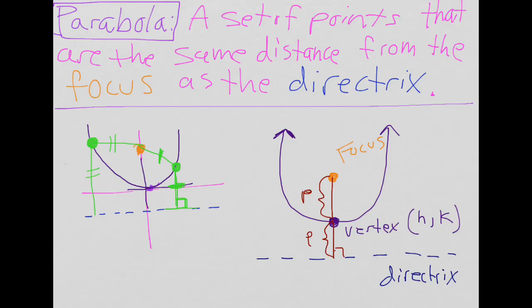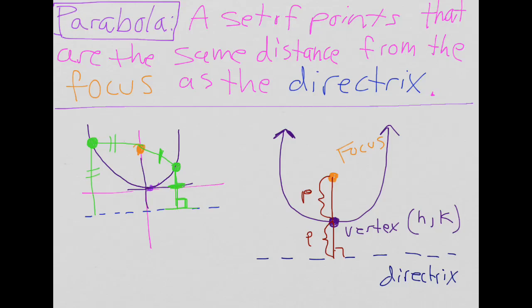Now this is going to be very useful for us, and we'll see why in a minute, because think about what we said. The focus is directly above the vertex. So if you know the coordinates of your vertex, and you know that p value, which you can find from an equation, you know where that focus is.